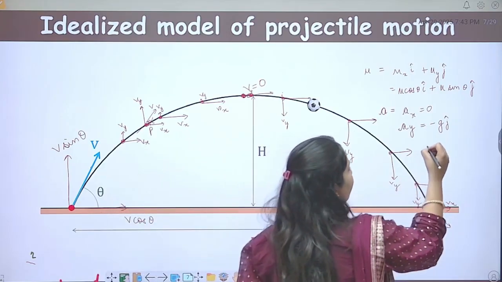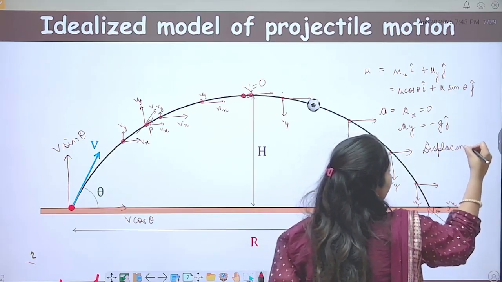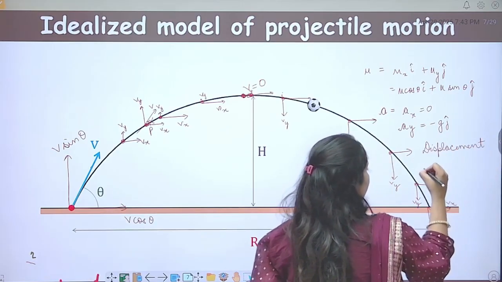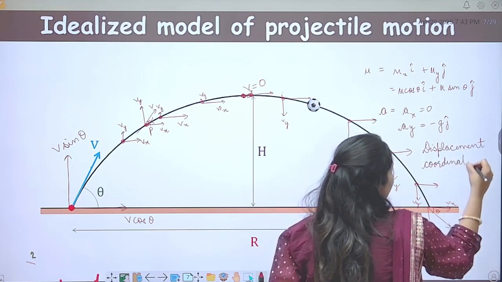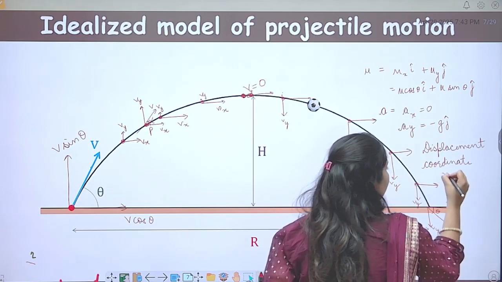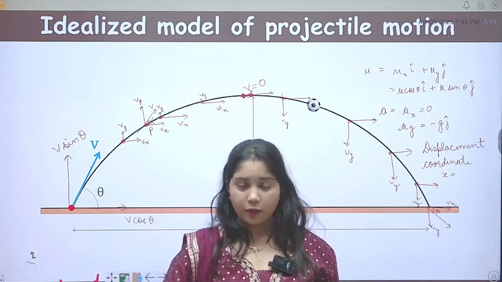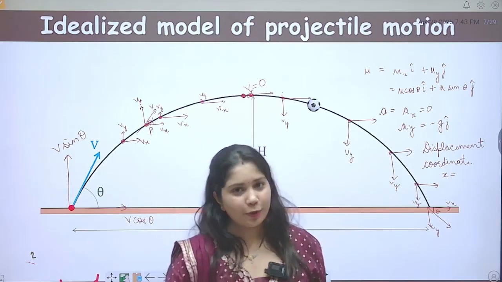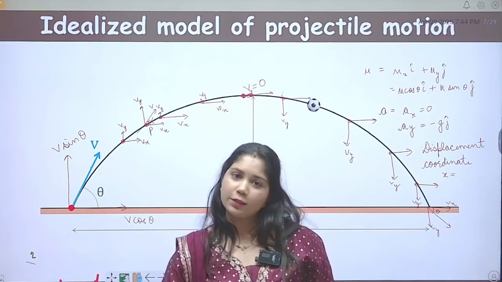Now what about the displacement coordinates in time t? Velocity is equal to displacement by time, so displacement is equal to velocity into time.